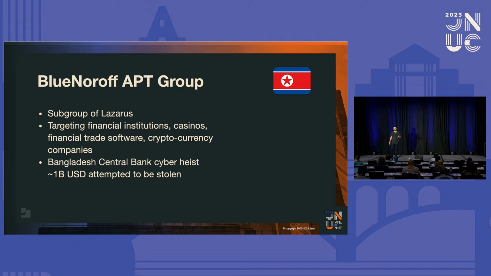BlueNoroff really employs long-term operations to infiltrate their targets. They often spend months within a compromised network before executing their final payloads. Their operations include sophisticated attacks, and one of the popular ones is the Bangladesh cyber bank heist, where almost $1 billion USD was attempted to be stolen, and millions were stolen.